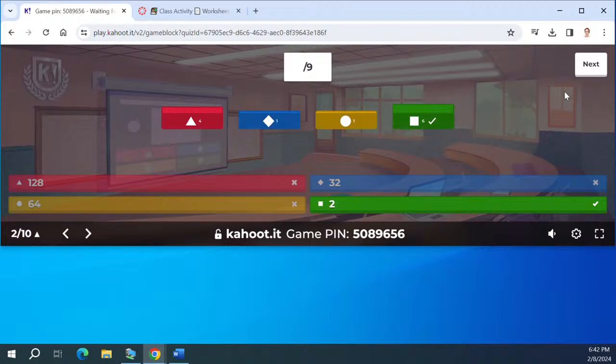What would the fourth one be? 128 plus 64, 192.0/18. How many networks did I get before I had to move into the next octet? 4. And that's what we said we'd be able to get, right? 2 raised to the power of 2.